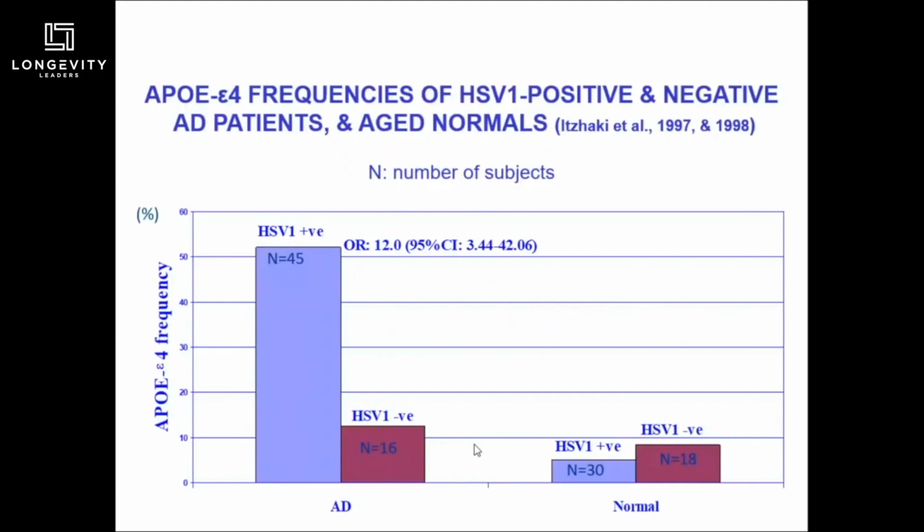So we looked at the ApoE4 carriage of HSV1 positive and negative AD patients, and as you can see, the proportion of the Alzheimer patients who were HSV1 positive and carried ApoE4 was over 50%, a very high value, only just over 10% in the HSV1 negative. Then in the elderly age-matched normals, the values were right down, about 5% and 8%, I think, in the HSV positive and HSV negative. So this shows a very strong association between HSV1 positivity and carriage of an ApoE4 allele.